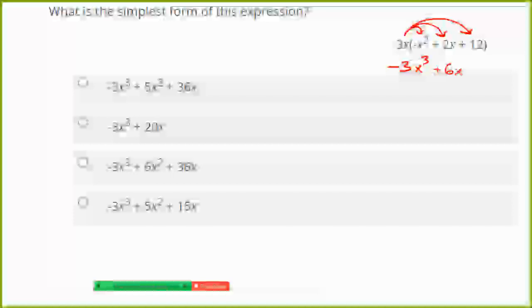And then plus 6x squared, because 3x times 2x is where you got that 6, and then x times x is x squared. Is that okay?